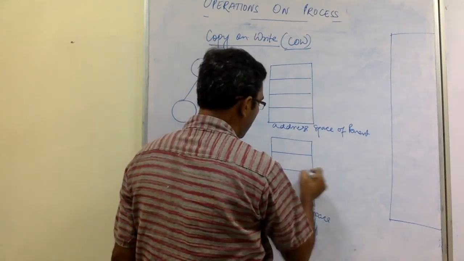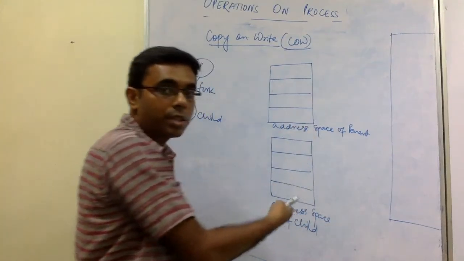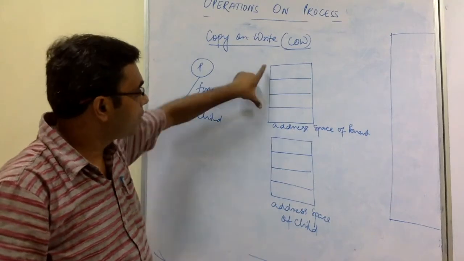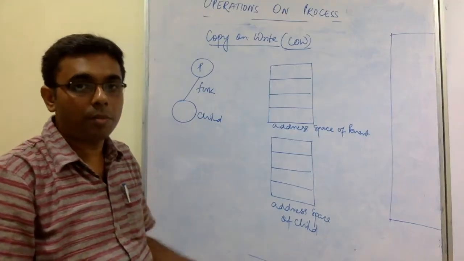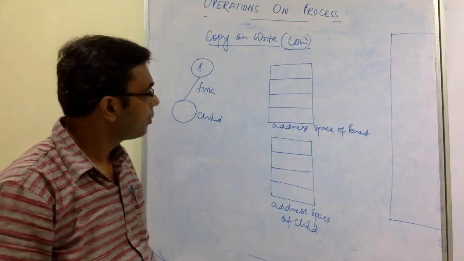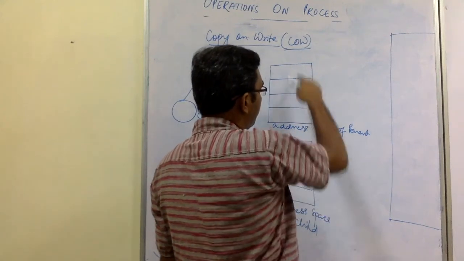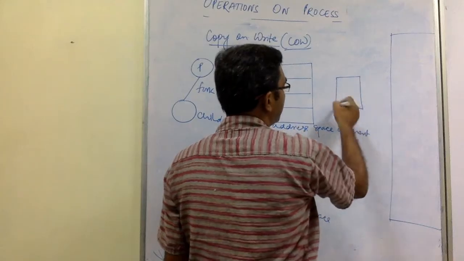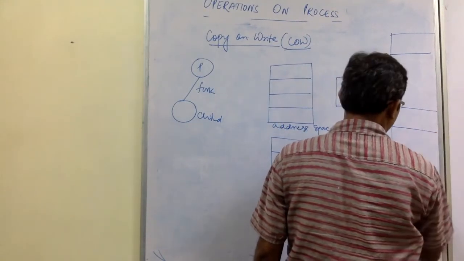So let's say there are 4 pages which make up the address space of the parent, and obviously the same address space, because both are clones, so the range of addresses for this will be the same as this. The number of pages created in the parent will be the same as the number of pages created in the child. And now we started that if this is the address space of the parent, now the mapping to this, say these are the 4 pages of the parent.